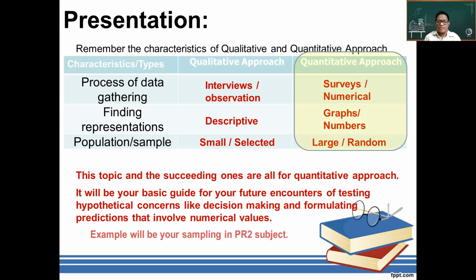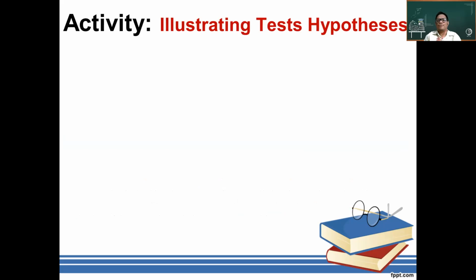Also, a perfect example is this subject. These topics are the very best example for your sampling in your Practical Research 2 subject. Practical Research 2 is all about quantitative research, so you will be using these lessons for that subject. Okay, let's proceed.